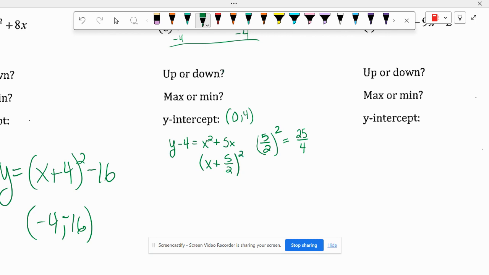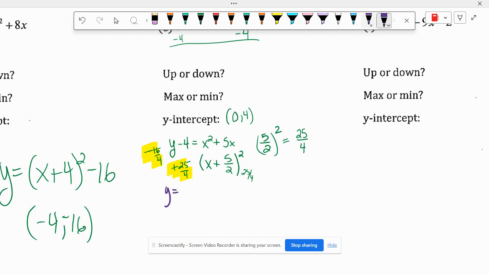And when I do that, I'm adding a secret 25/4 to both sides. That's what I'm adding to both sides. Well, this whole number negative 4 is the same thing as negative 16 over 4. So what is negative 16 plus 25? Negative 16 plus 25 is 9.